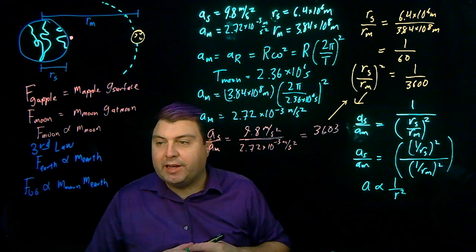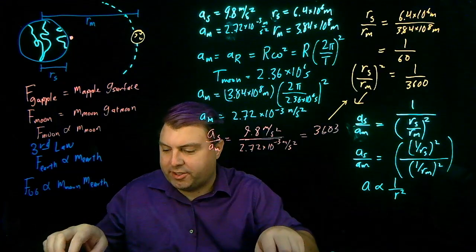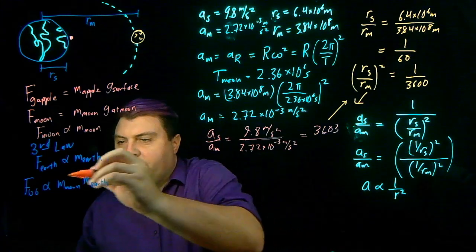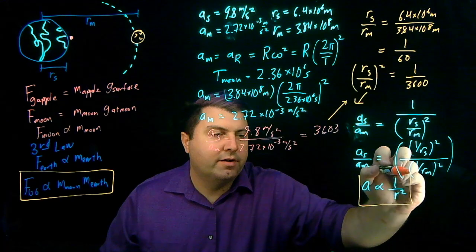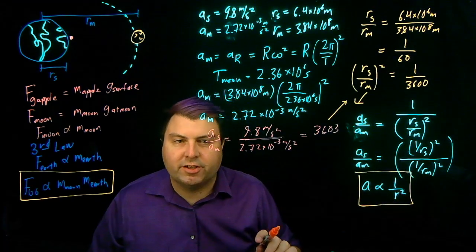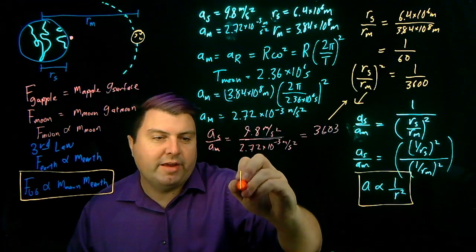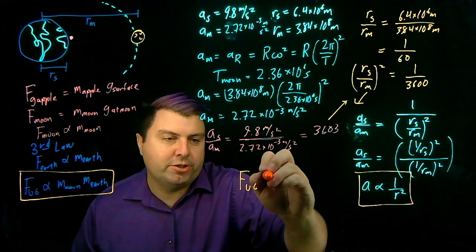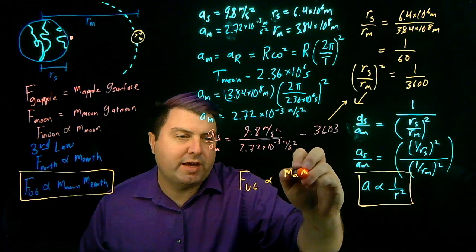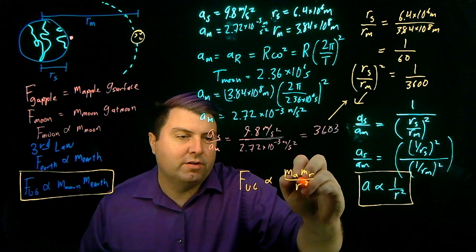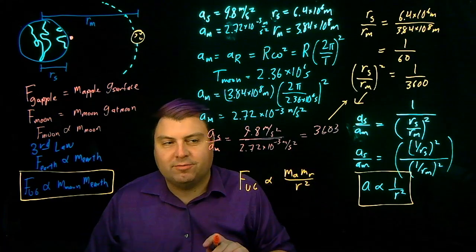So now as we're looking at our force of universal gravitation, bringing this together and this together, since our acceleration and our force should be the same, now we have that our force of universal gravitation should be proportional to the mass of the actor, the mass of the recipient, over the radius squared.